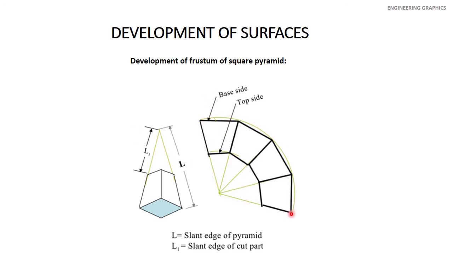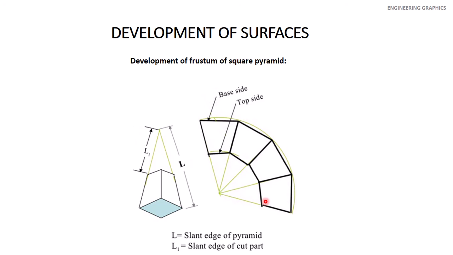Now from this point, take this distance equal to L1, which is the slant edge of the cut part, and draw one more arc like this. So we have 2 arcs.